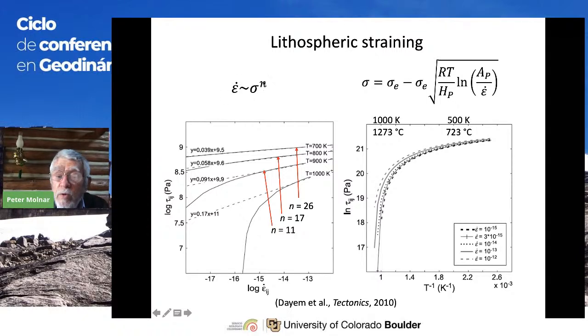This is what we've been assuming, except the power is very large. N is 26 for 700 degrees, N is 17 for 800 degrees, N is 11 for 900 kelvins. 11 is a large number. So the point is that this equation is a good approximation of this equation, though the value of N would vary in here.